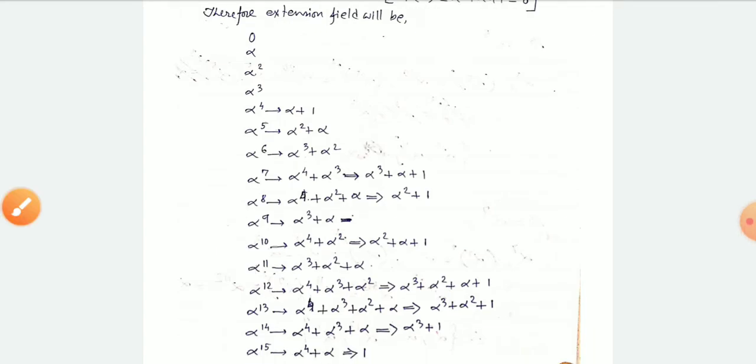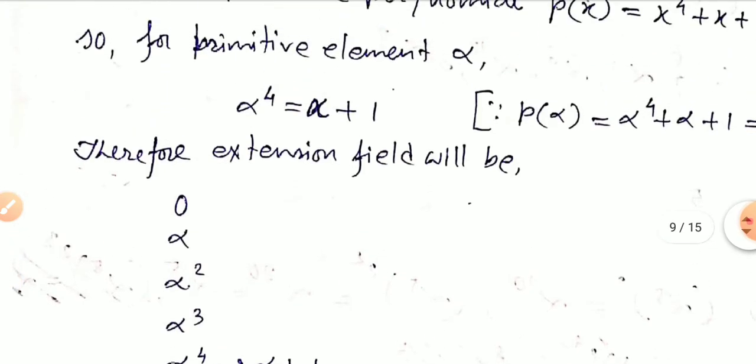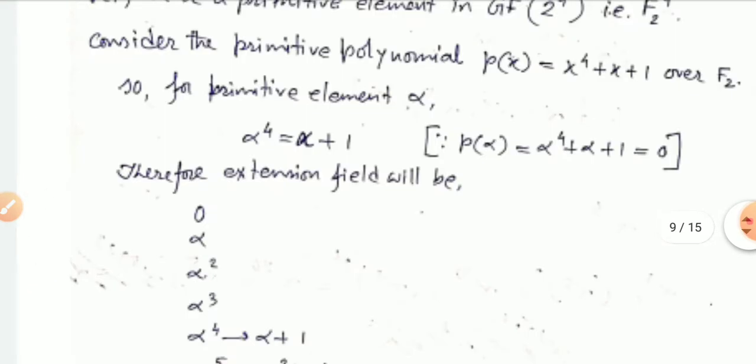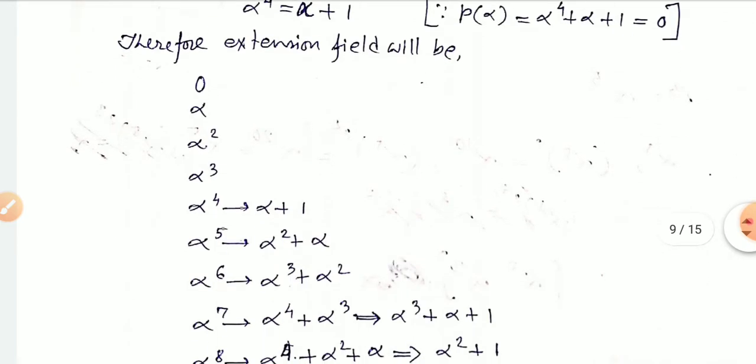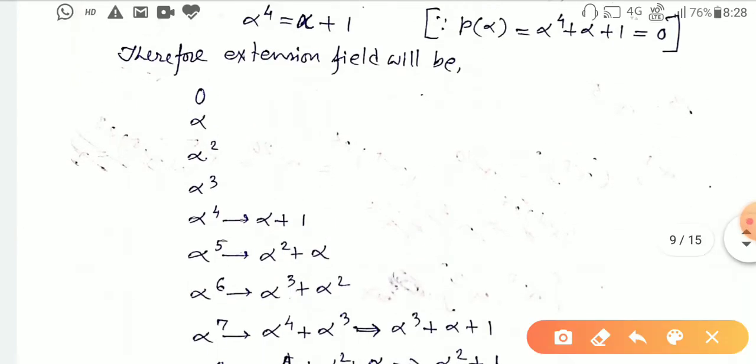Now you put the value of alpha 4 in this position, because you calculated alpha to the power of 4 is equal to alpha plus 1. We write down this one in this position.